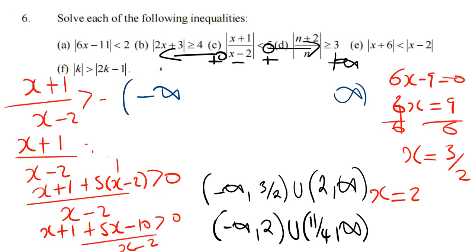Now the 2 is not included. Alright, so in this case, the 2 is in both these sets. Alright, and in this case we're going to say all the way to 3 over 2. That is the first part, union.